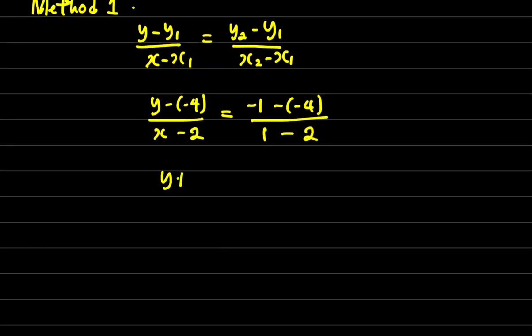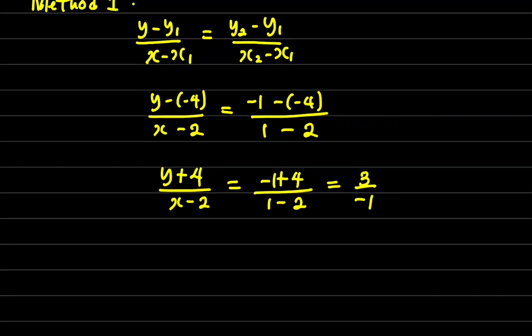Here we have (y + 4) over (x - 2) is equal to -1 + 4, over 1 - 2, which is basically going to give you 3 over -1.